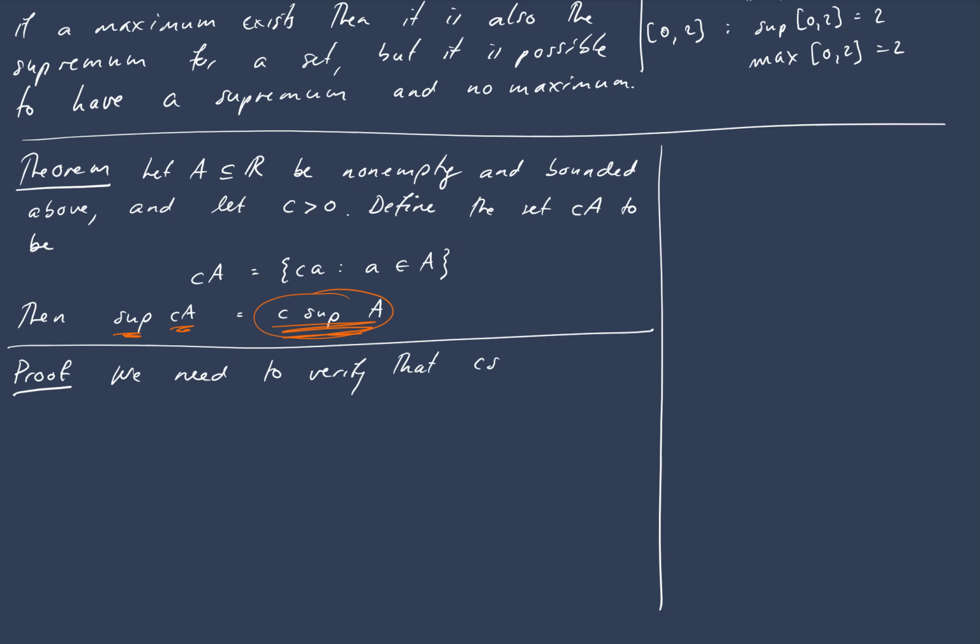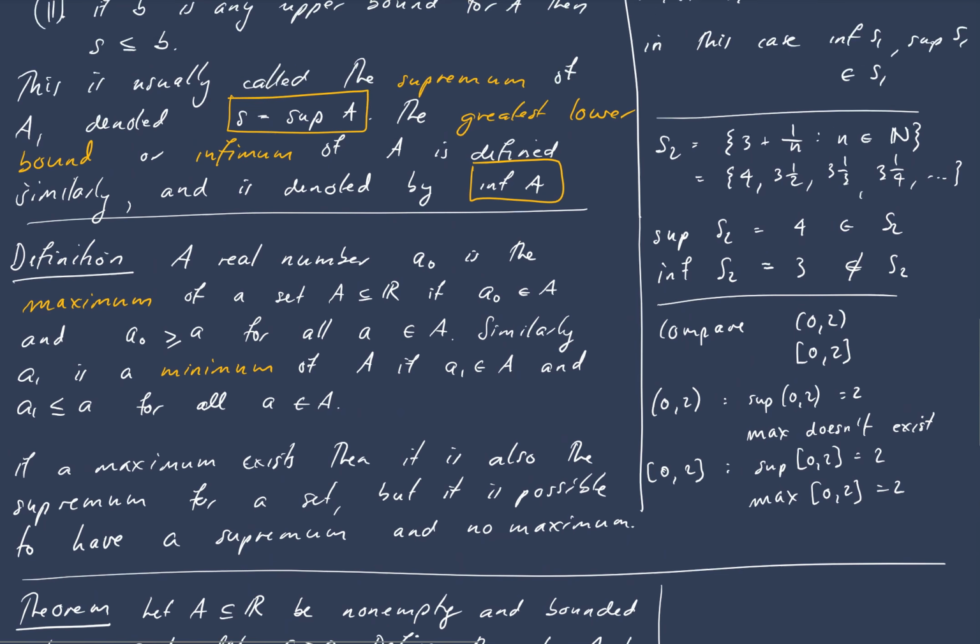that C sup A is the supremum of CA using the definition. This is why it's very important to know the definitions, because there's no other way of verifying this is supremum unless we check that it satisfies all of the conditions. Okay, so let's just scroll up for a second.